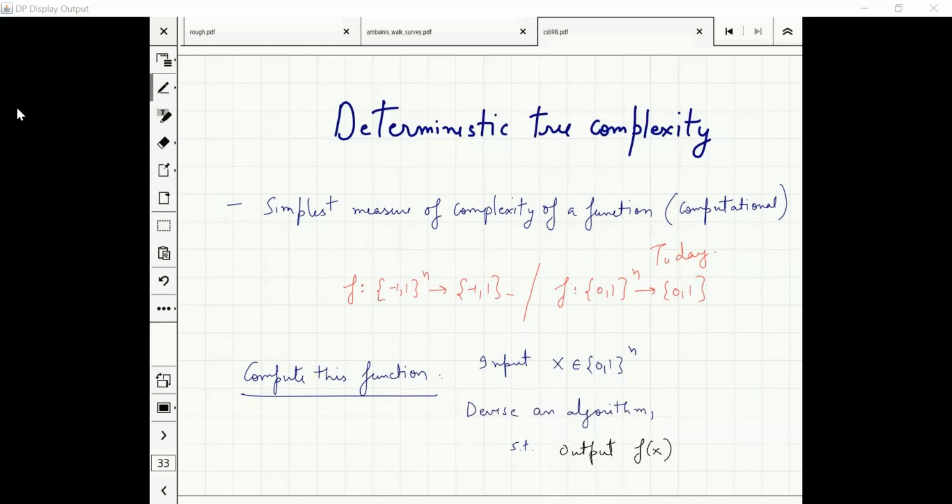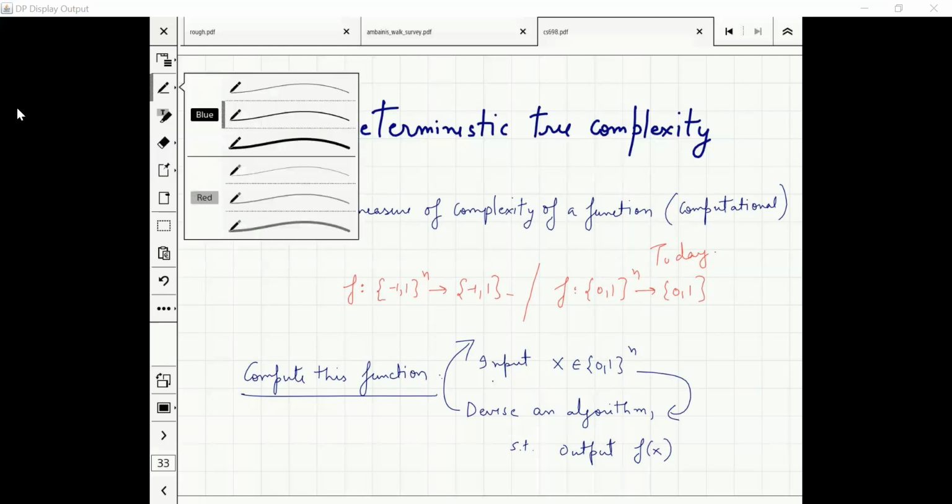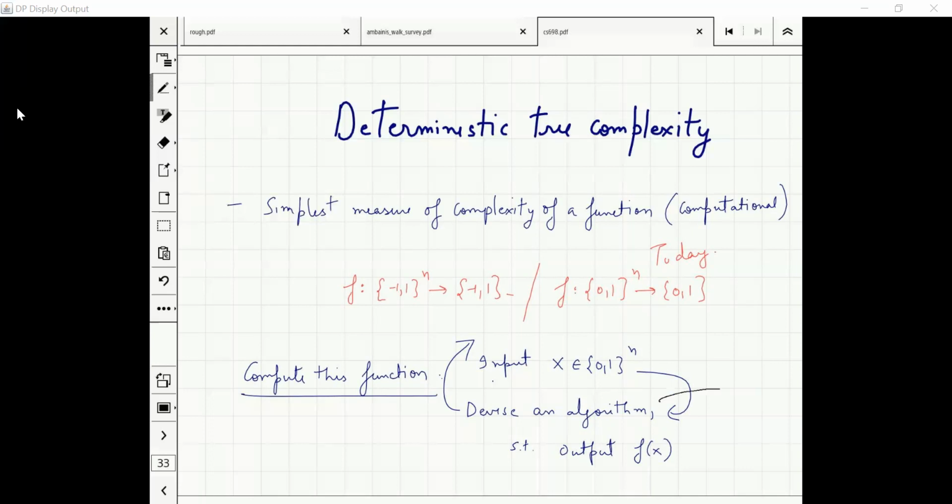I have written things in the wrong order. I should say that your algorithm should be designed without the knowledge of x. In that sense, the description of the algorithm should be independent of that.